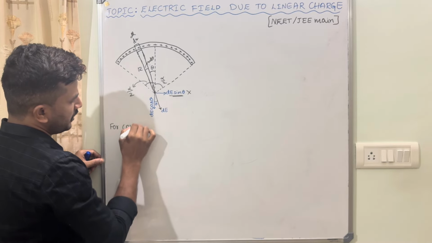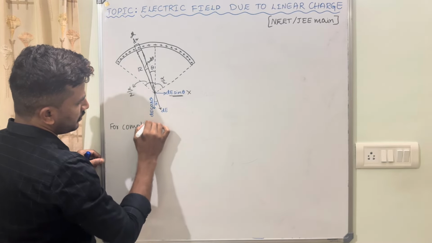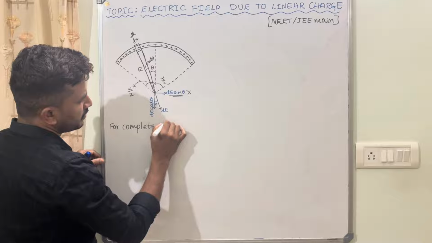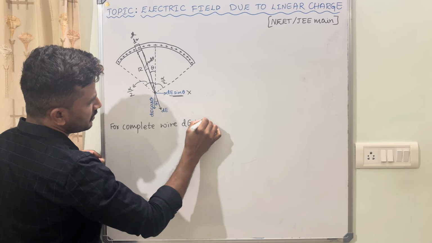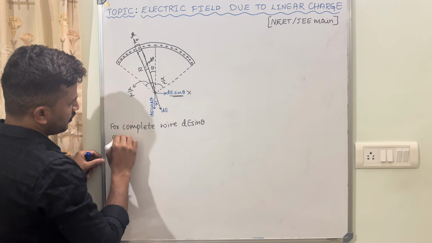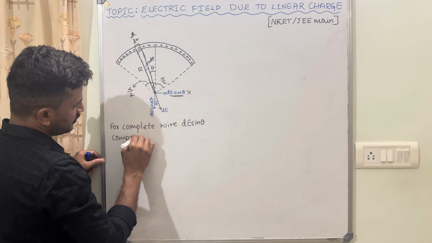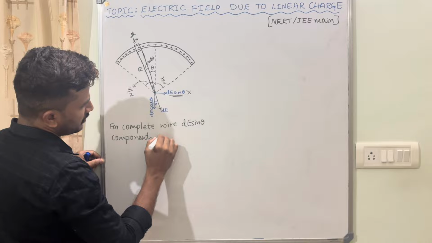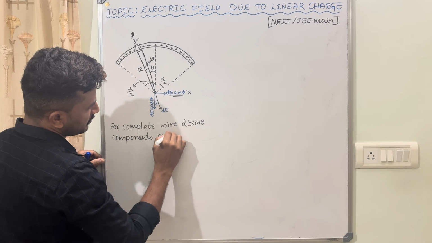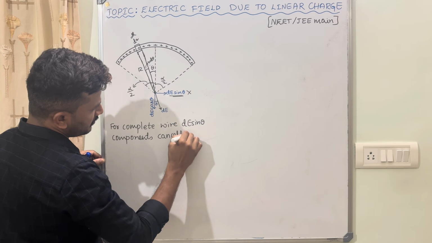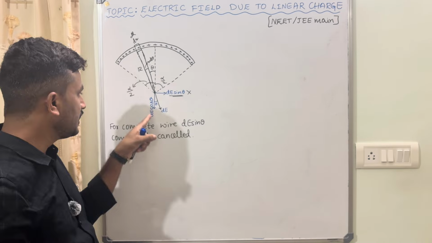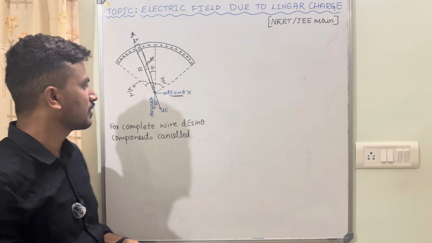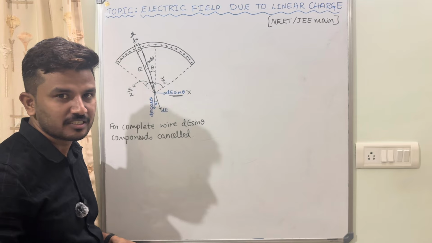For the complete wire, the dE sin theta components get cancelled completely. Only the dE cos theta components will be there. So for that we have to do integration.